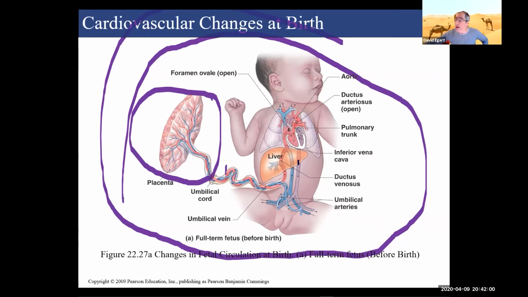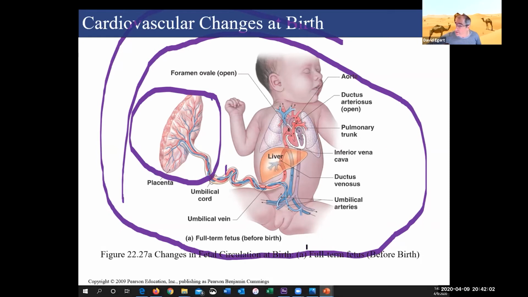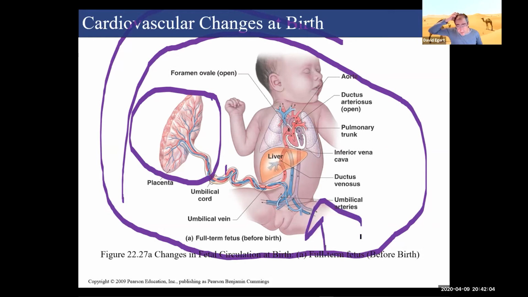And the reason why we want to talk about this is there's a lot of vestigial stuff left over. When we look in the cadavers or look at the pictures of the cadavers, you're going to see the remnants. You'll see structures that don't really make sense unless you think about what was in place while you were still in utero.